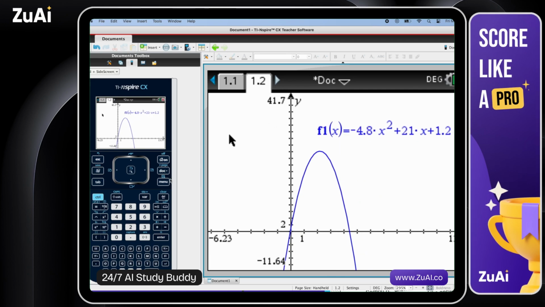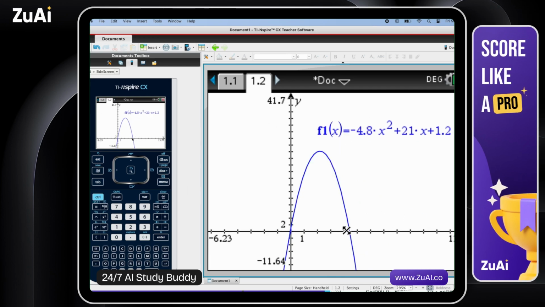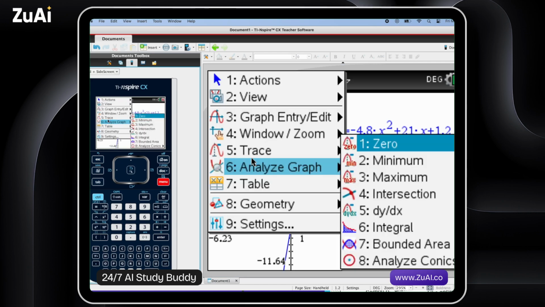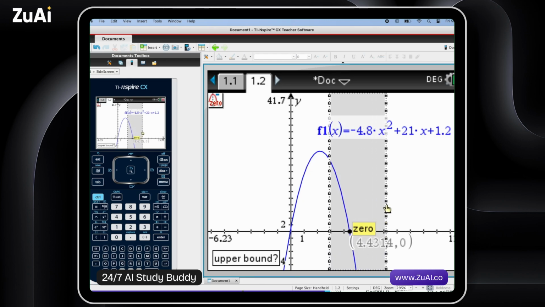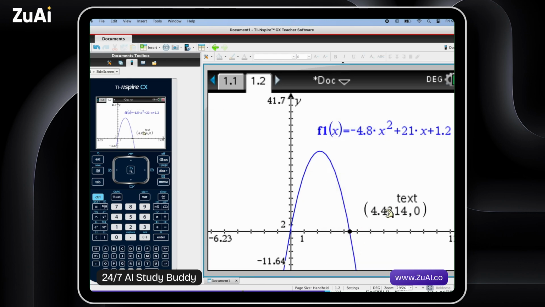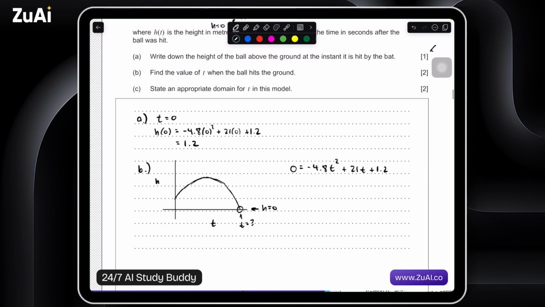So let's find out where we reach 0 here. Analyze graph, and let's find the zero. Here we go. So after 4.43 seconds, the ball is at a height of 0. So let's go ahead and work that out, or go back to the document then.